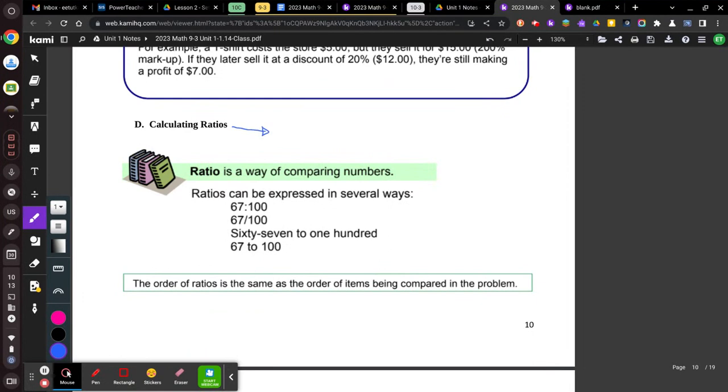So ratios are fractions that tipped over.